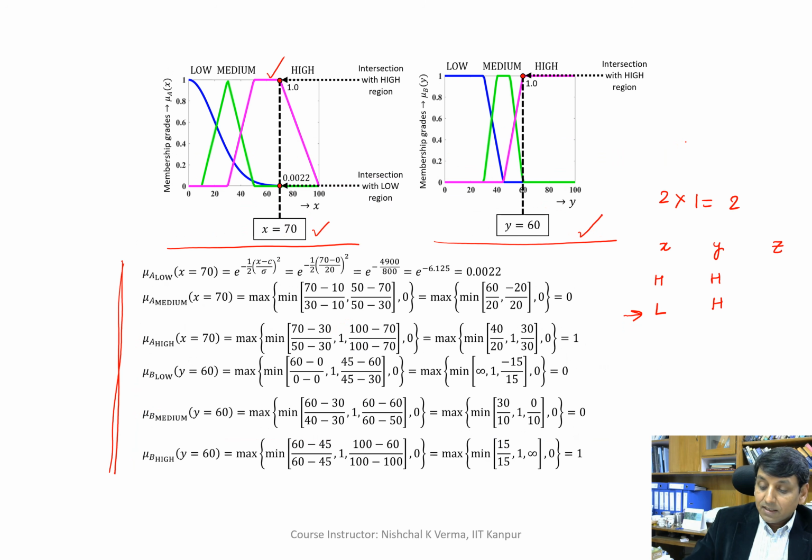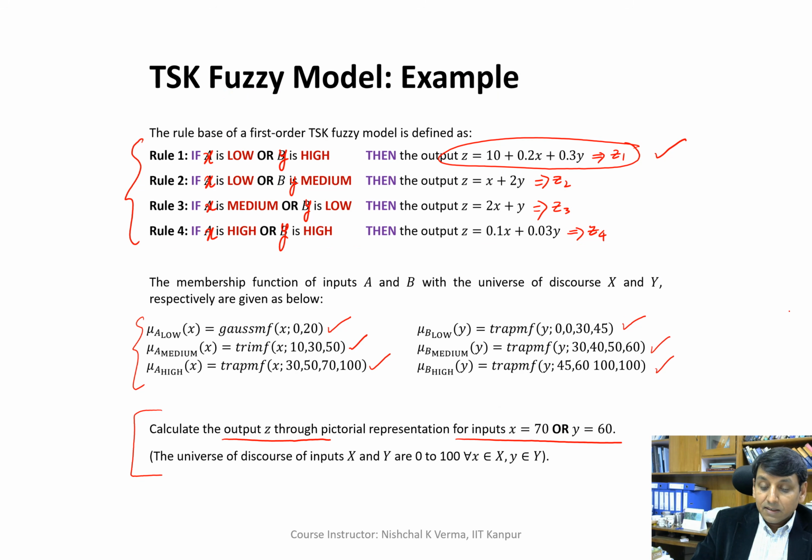We can say rule number 1 applies, and Z1 is defined by the output equal to 10 plus 0.2 into x plus 0.3 y.